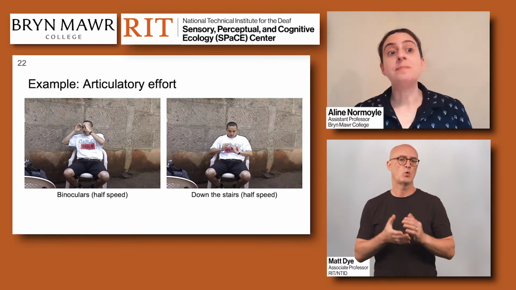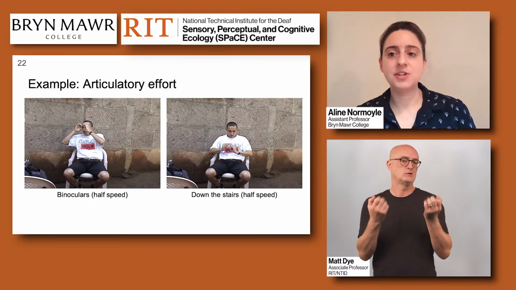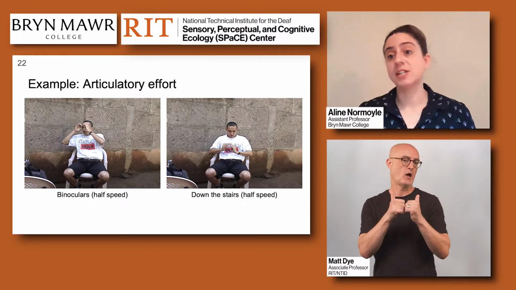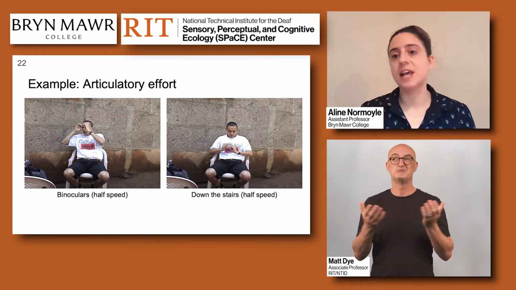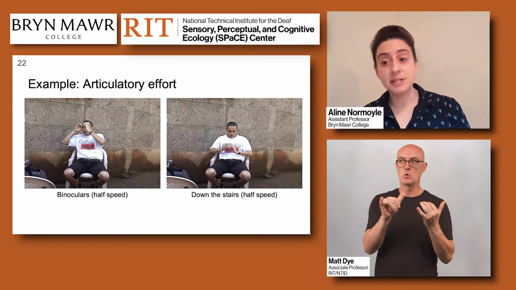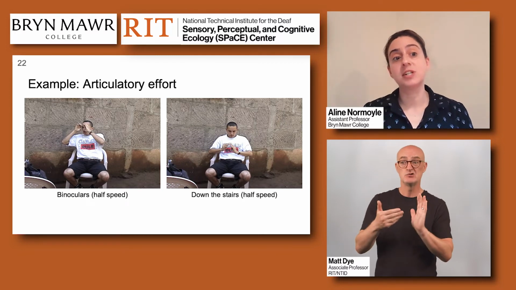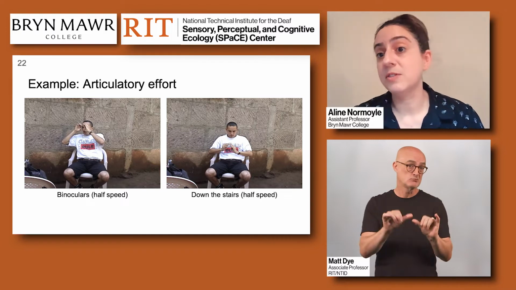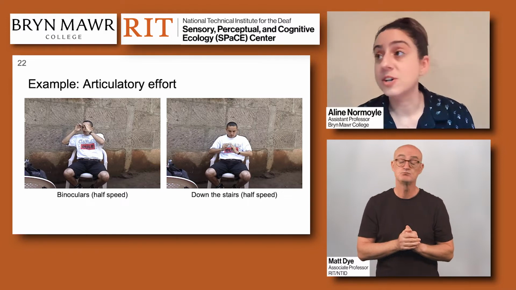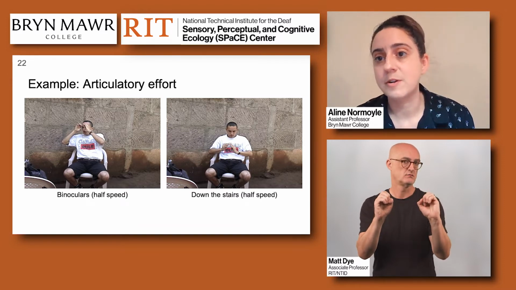For example, now that we have our pipeline, we can use it to automatically annotate measures of articulatory effort, such as the energy needed to make different signs, and measures of movement, such as symmetry, onset and offset times, repetitions, production time in specified zones, and also ranges of motion. So here we can look at an example based on articulatory effort and compare the effort used to make two signs from our Nicaraguan data set.